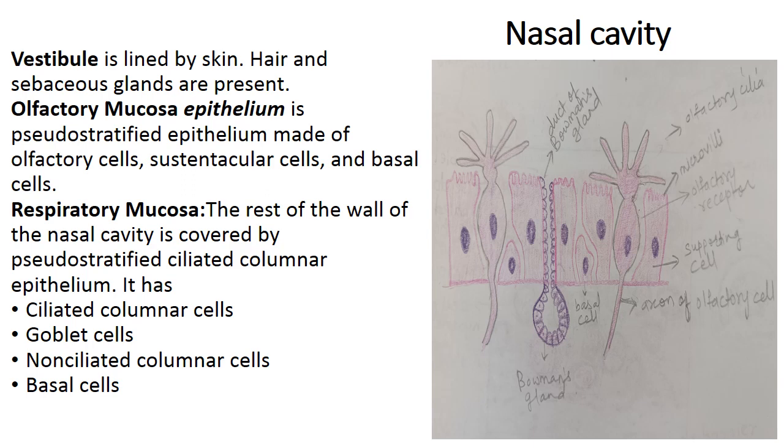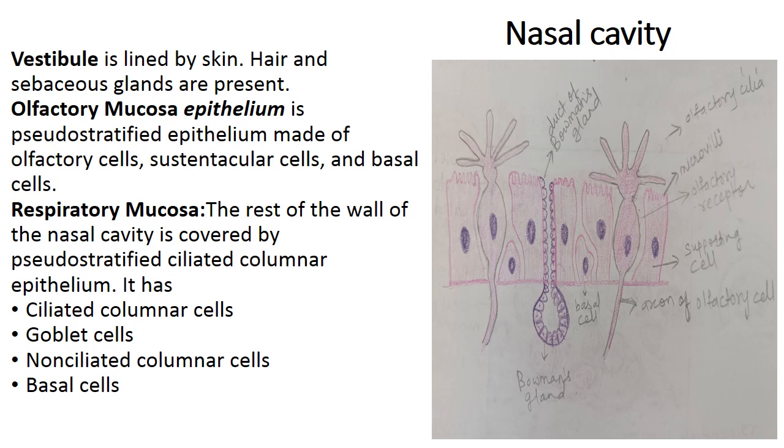So the basal cells are germinative, they undergo mitotic division and they cause regeneration of cells. The older cells are replaced by new cells. Sustentacular cells are supportive cells and the main lining epithelium is pseudo-stratified ciliated columnar epithelium and it forms the olfactory cells. So the olfactory cells are having bipolar neurons in them.